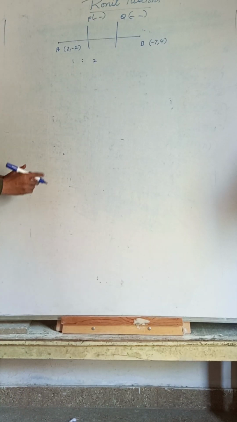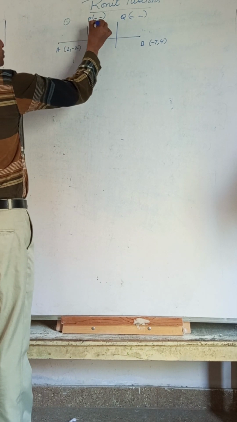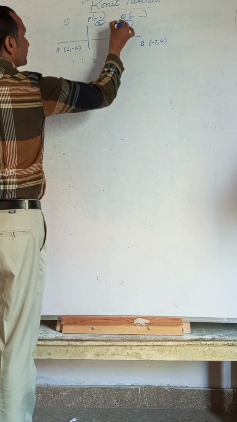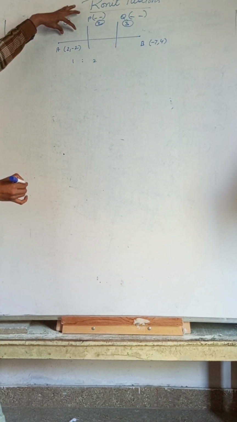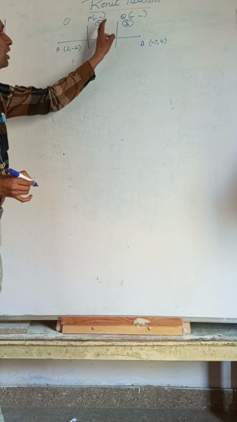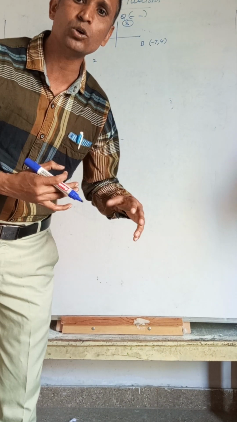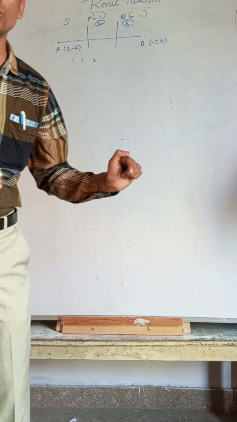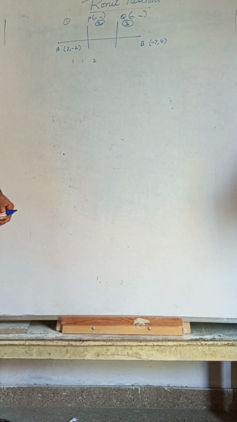I hope you understand this. This is 1 part, this is 2 part, this is 3 part. Taking point P means this is 1 and the remaining is 2, so the line segment is divided in 1:2 ratio, because all are equal parts.